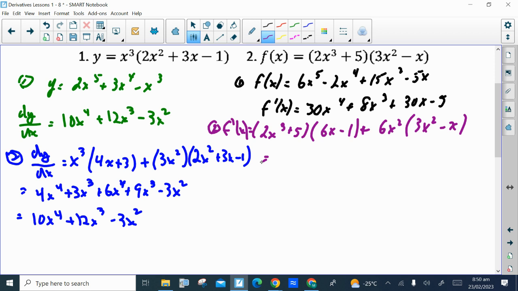So we'll now multiply everything out here and collect our like terms. The front terms will be 12x to the 4th.